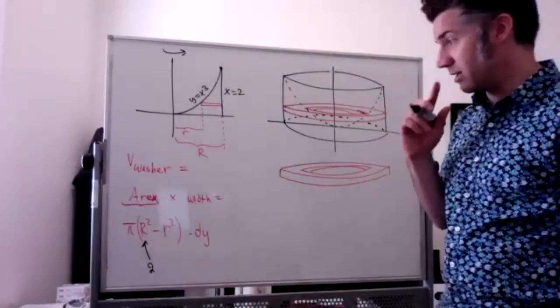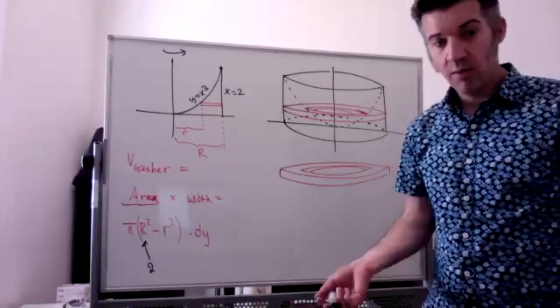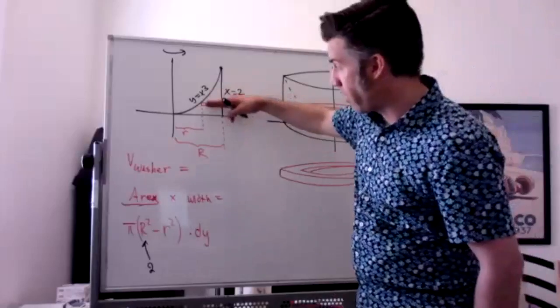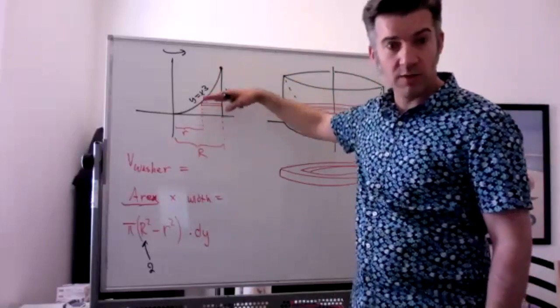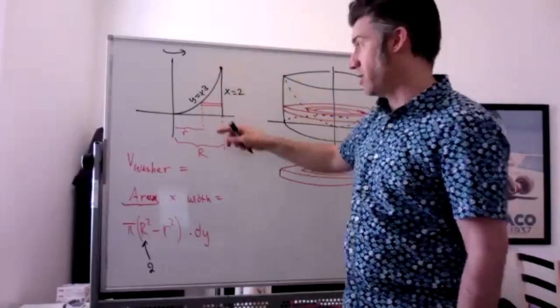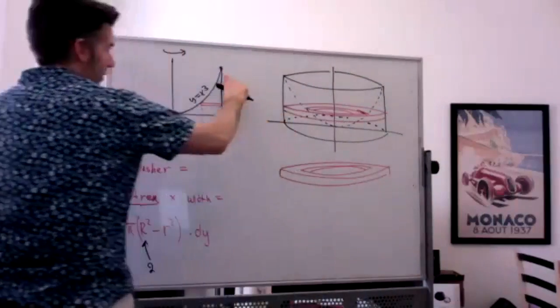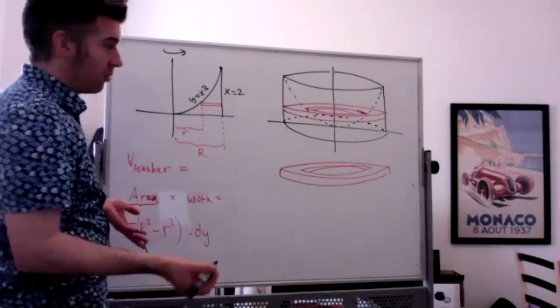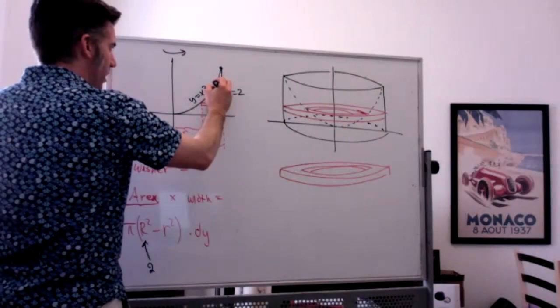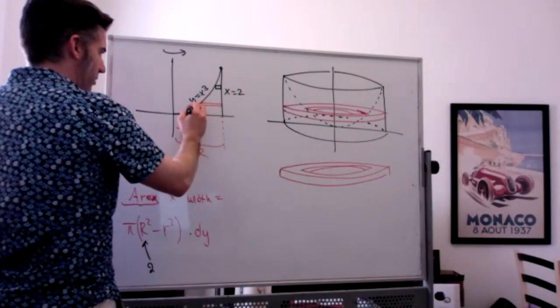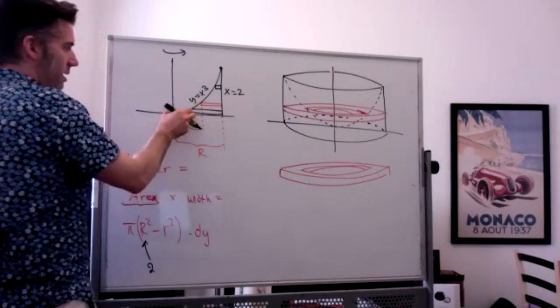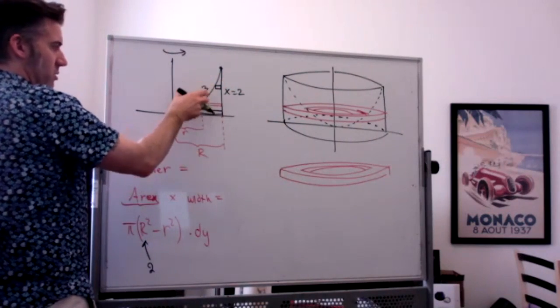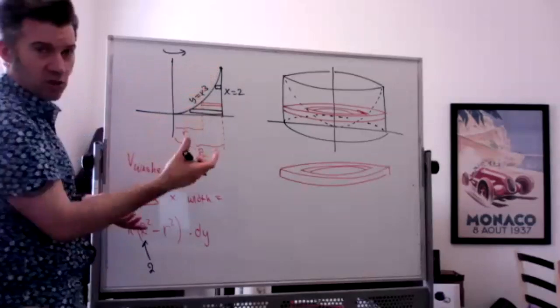The inner radius, on the other hand, is a little bit more complicated, right? No matter where I draw this horizontal rectangle, the distance from the outer function to the axis of rotation is always 2. But when I draw my inner rectangle in a different spot, the inner radius certainly changes, right? Up here, the inner radius is super big.